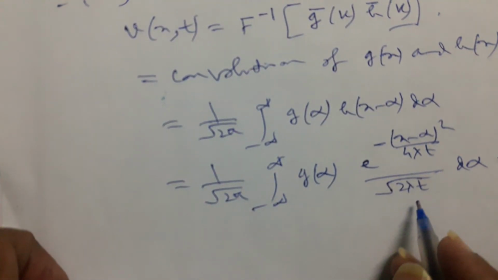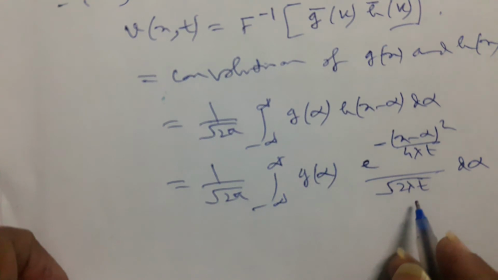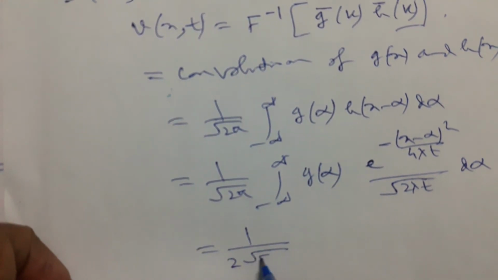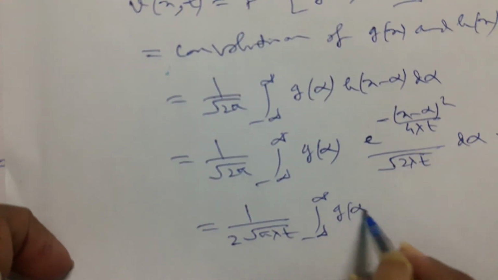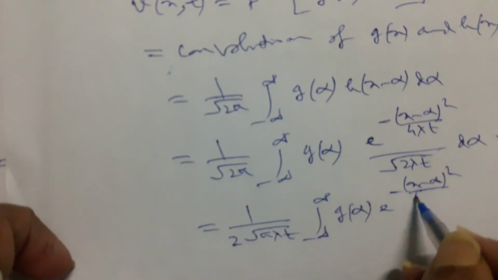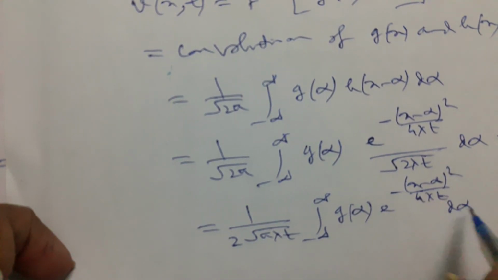Substituting this value, that will be 1 by 2 root over pi lambda t, integral from minus infinity to infinity of g alpha e to the power minus x minus alpha whole square by 4 lambda t, d alpha.